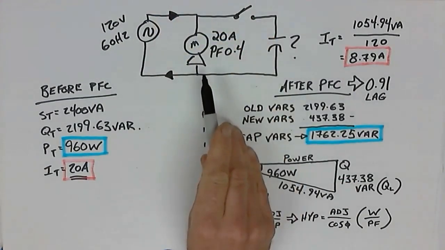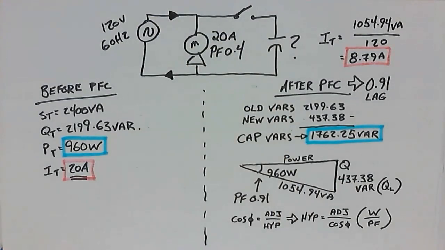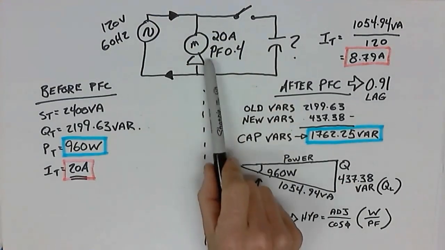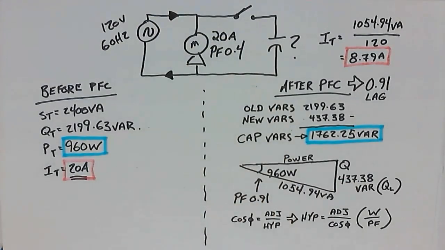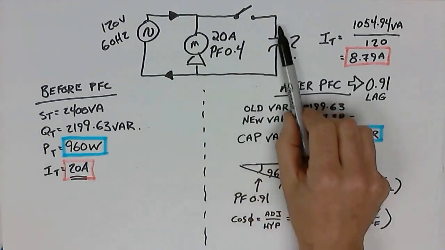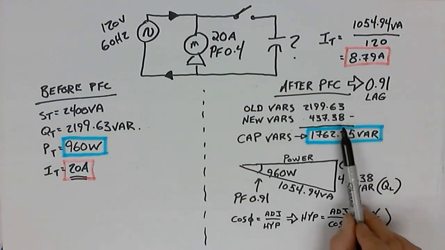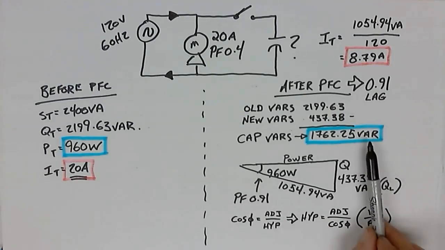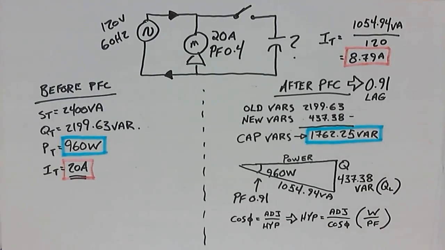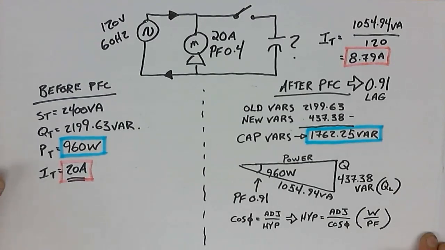But the current that flows through the motor is not changing at all. The current that flows through the motor is still 20 amps. It still operates at an abhorrent 0.4 inductive power factor. And the capacitor is now providing that out-of-phase current, which we could calculate further with this value of VARs here, the capacitor VARs, right? The capacitor VARs will allow us to work out all of those other values.